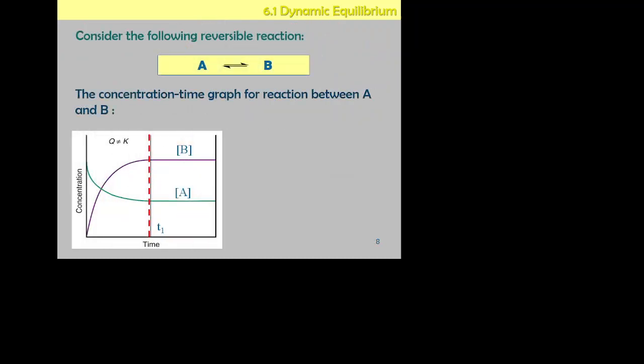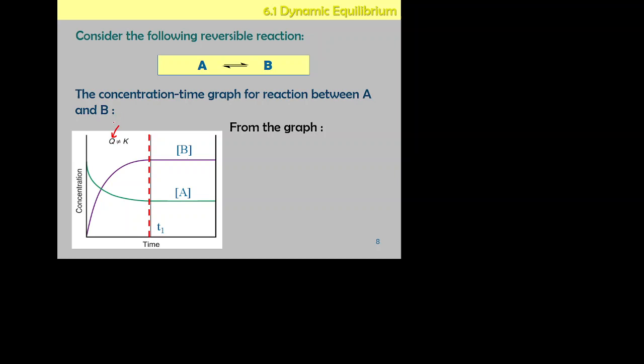So this is an example of the graph yang diorang maybe akan suruh sketch. Diorang akan give you a chemical equation, and diorang suruh sketch a graph. Okay, so don't worry, this one is kalau just kita akan masuk on 6.2.